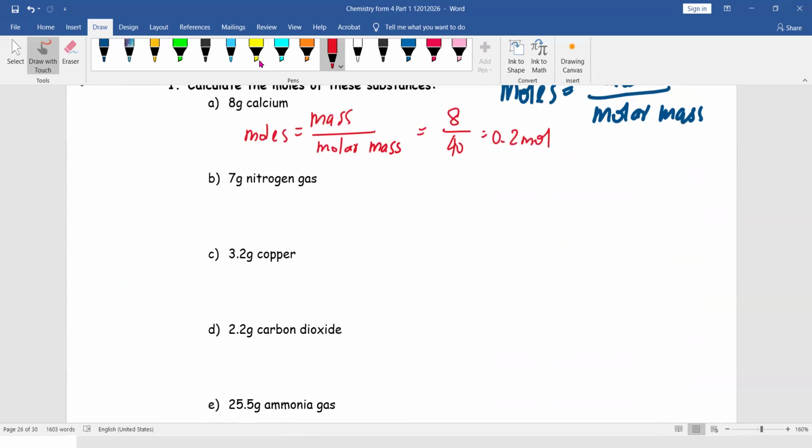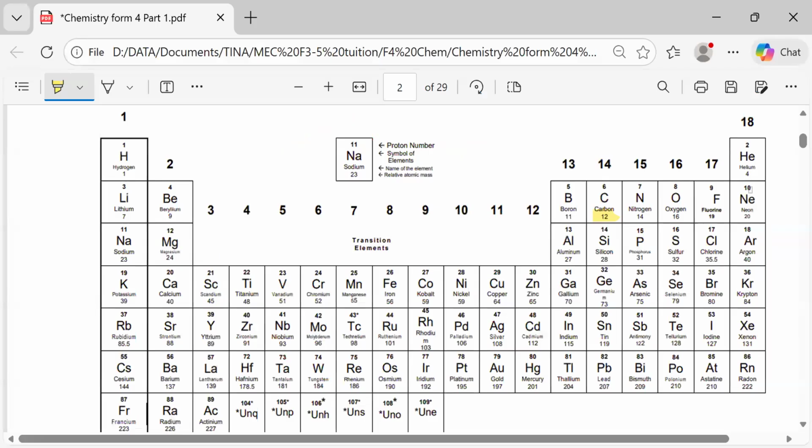Okay, here is nitrogen gas. Everyone knows in the periodic table, nitrogen gas is N. But what happens is it's actually N2. Why? You see, these in the periodic table always have to be in the form of molecule. They don't exist as atom. Oxygen, nitrogen, fluorine, chlorine, bromine, iodine, astatine, and of course, if you have one more below, it's another one.